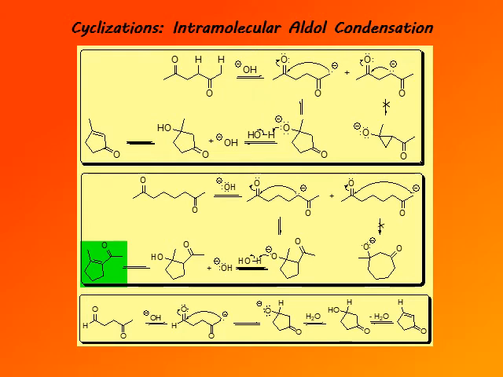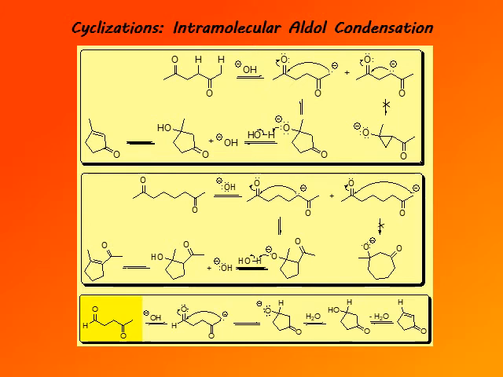So competition is 3 versus 5 or 5 versus 7, or 4 versus 6 or 6 versus 8. In all of those cases, only 5 and 6 membered rings form. 3, 4, 7 or 8 membered rings do not form simply because they have either higher strain, which means they are less stable, or odds of those rings closing are much lower compared to closing of 5 or 6 membered ring.